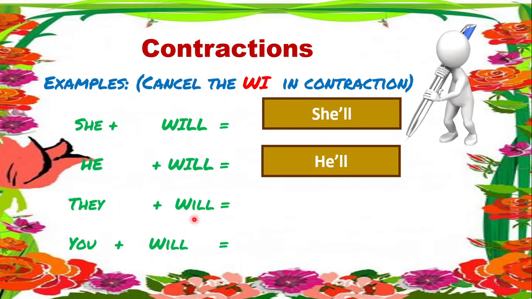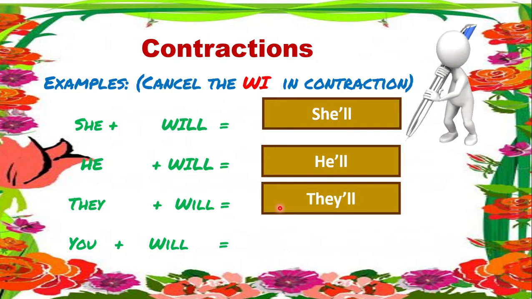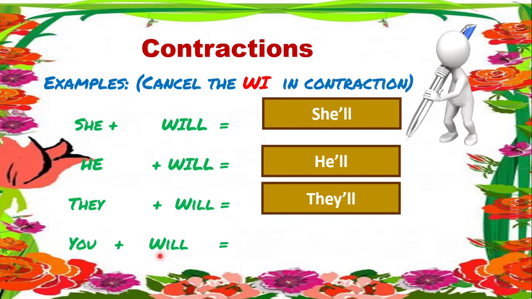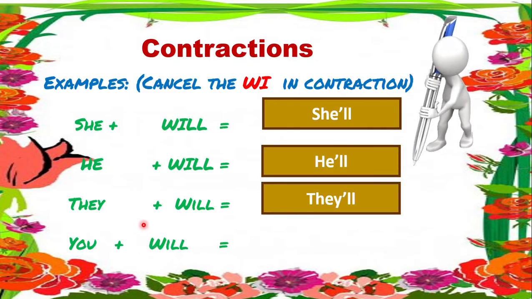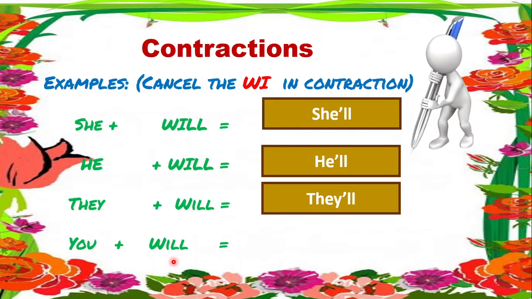They will. Again, we cancel out WI and put apostrophe. So it becomes they'll. You and will. So what do we cancel out? The apostrophe comes and cancels out WI.